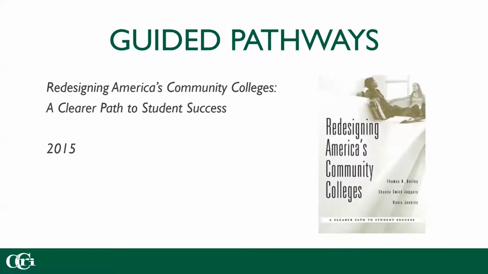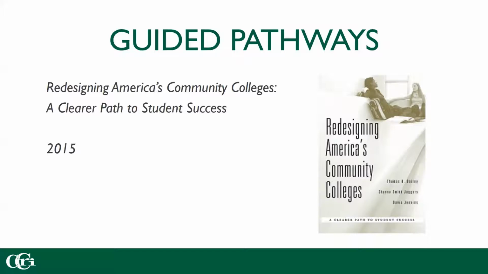First, a little bit about the history and origins of Guided Pathways. The research and ideas that became the Guided Pathways framework was first published in the book, Redesigning America's Community Colleges, a clearer path to student success. This was published in 2015, and the authors were researchers at the Community College Research Center of Teachers College at Columbia University.